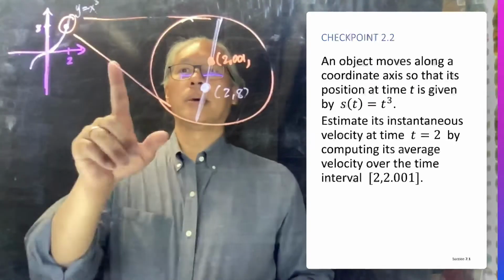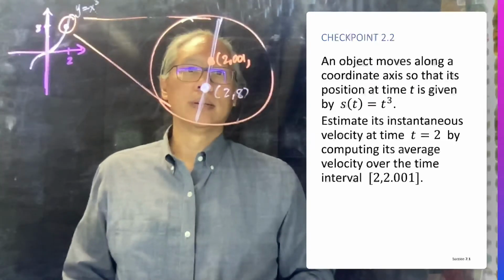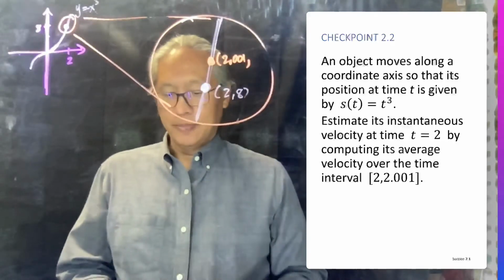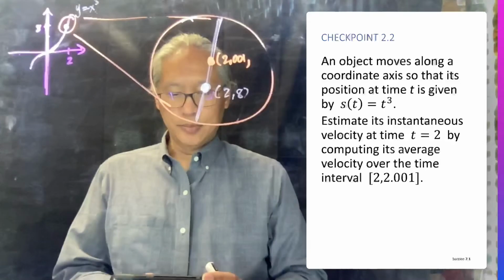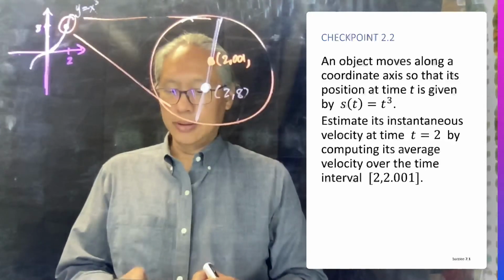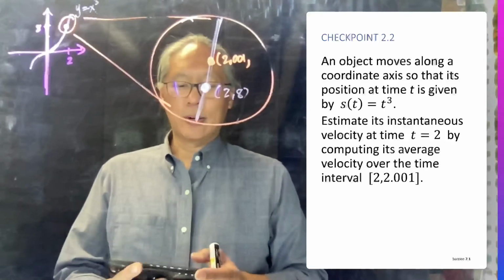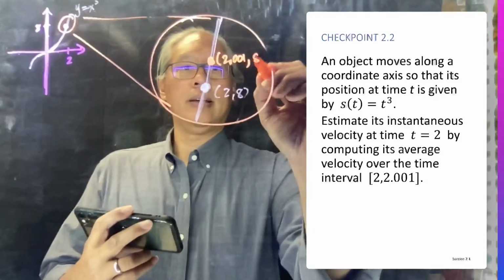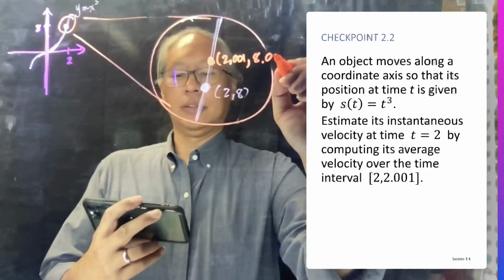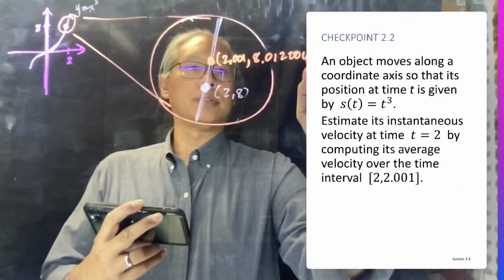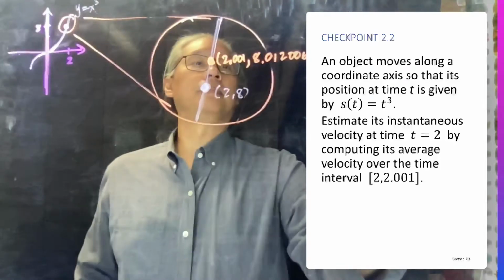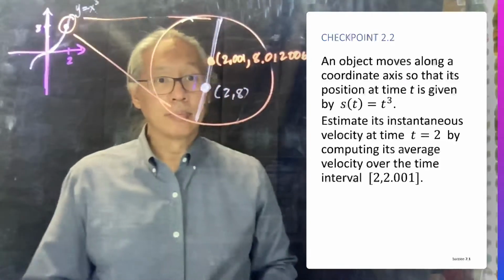So it's a matter of taking it to the third power, and if I take my calculator and put 2.001 and take it to the third power, I get 8.012006001. All right, so that's my second point.